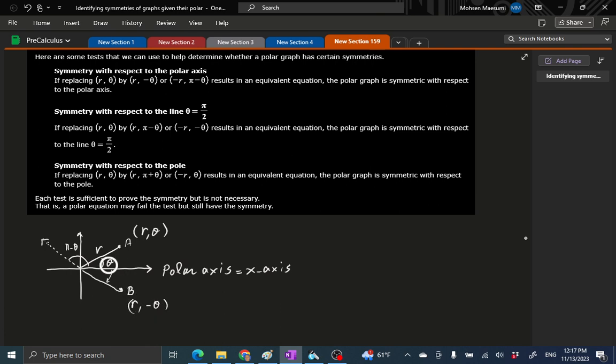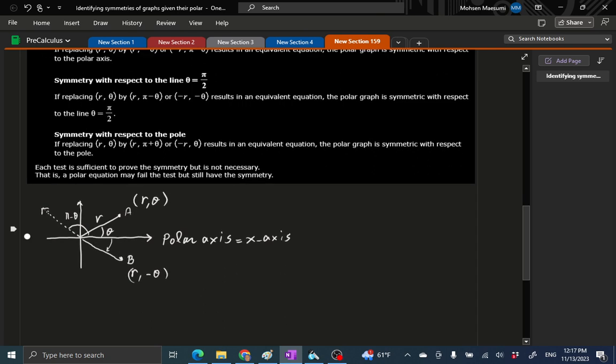Or take theta, convert it to pi minus theta, and then on that line, go back to minus r. So we have this other alternative expression for this point, which is minus r and pi minus theta.